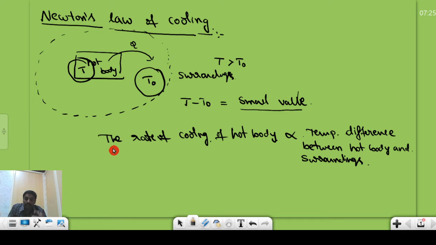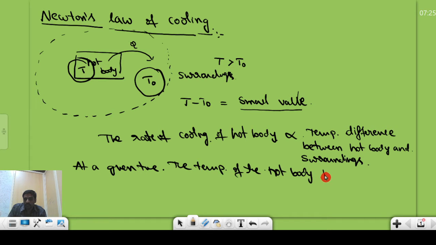At a given instant, the temperature of the hot body is assumed as capital T.